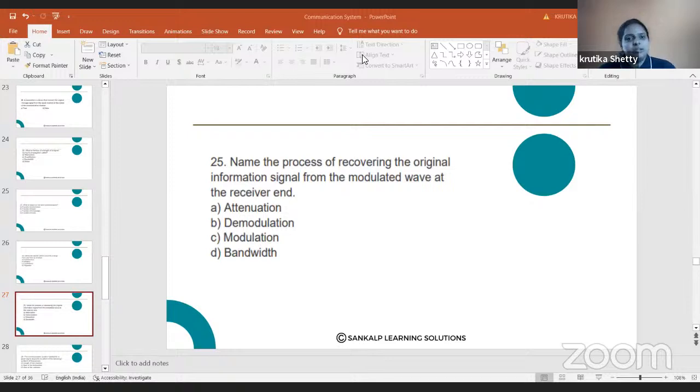Bandwidth, attenuation, I told you first, modulation, demodulation. The process of recovering the original information signal from the modulated wave is called demodulation. It is option B. Option B is correct here, not option C.